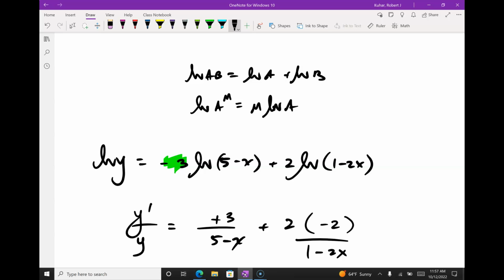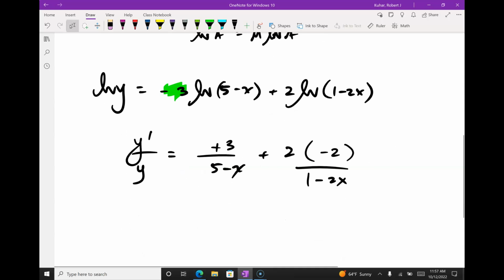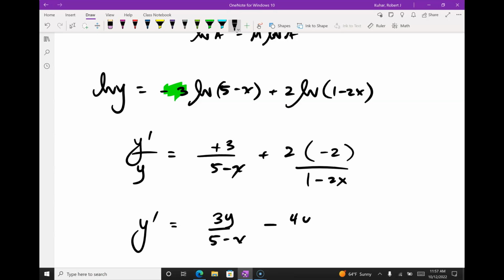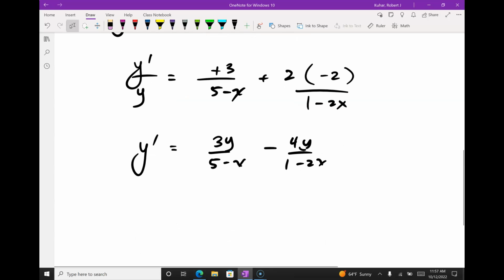So we can simplify this a little bit. And I'll do that with y prime equals 3y over 5 minus x minus 4y over 1 minus 2x, right? You see, I'm just distributing. Remember, I'm solving for y prime. And I'm going to put back in that value of y.